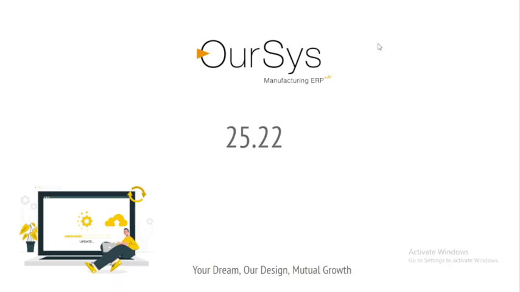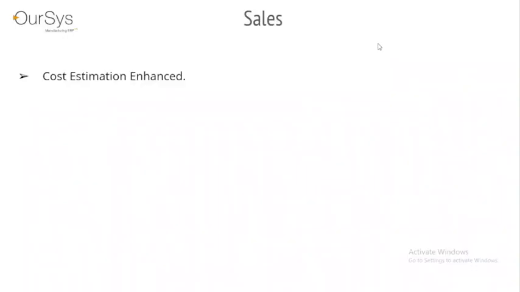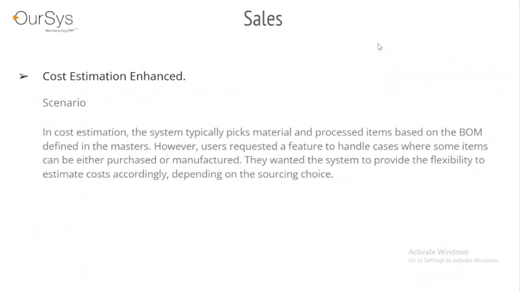So let's begin with today's session. We will start with the first module, that is the sales module. Cost estimation enhancement is the first point. There was a scenario in cost estimation.